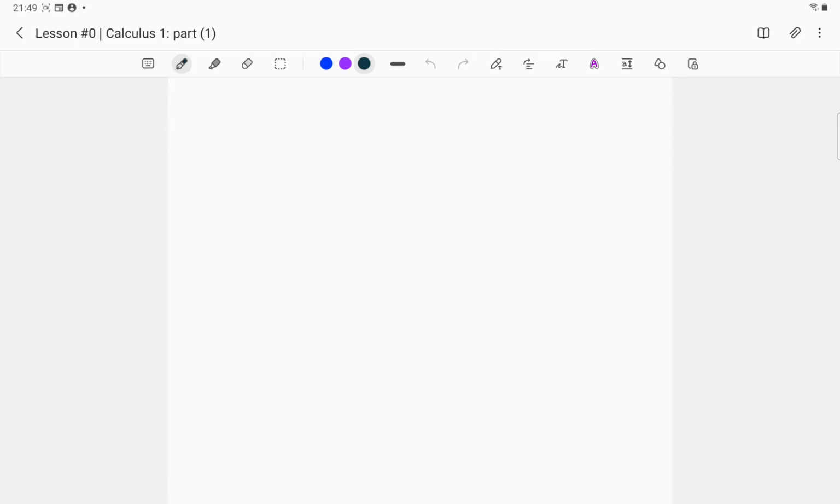For example, this is lesson 0 for him, and part 1 indicates that he has three main things to focus on in the lesson today, which are lines, angle of inclination, and distance formula. Each part I'm going to make a separate video, explaining and summarizing it. I hope to give you the most summarized version.